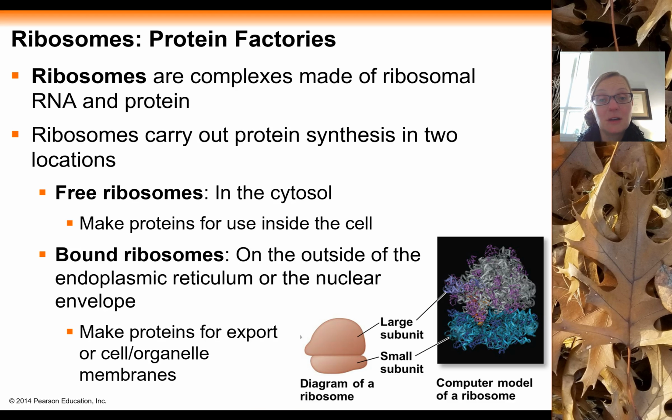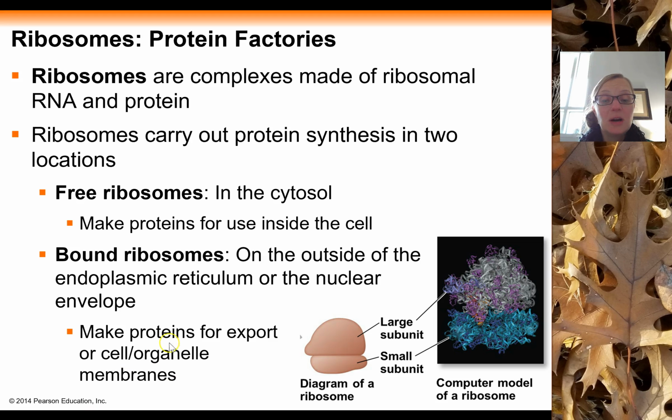Bound ribosomes are going to make a different set of proteins. Bound ribosomes make proteins that are either destined to be exported out of the cell, like insulin, for example, which is made by pancreatic cells, and the cells then dump it to the outside so that the bloodstream can pick up the hormone. It can travel throughout the rest of your body. So, bound ribosomes can make exported proteins, or they'll make proteins that are meant to function inside of the cell's membranes, either organelle membranes or maybe even the cell membrane itself.